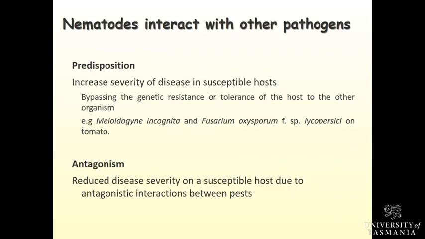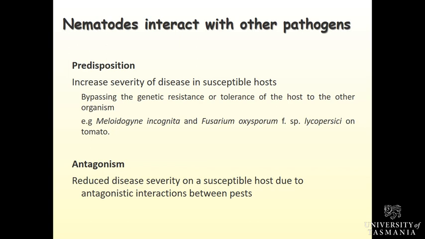So the nematodes feed on plants, derive nutrition from plants, and that's a major part of how they cause damage to plants. But I also mentioned how they can interact with other pathogens, and that can be equally important in terms of their impact. They may make a plant predisposed to infection by another pathogen.